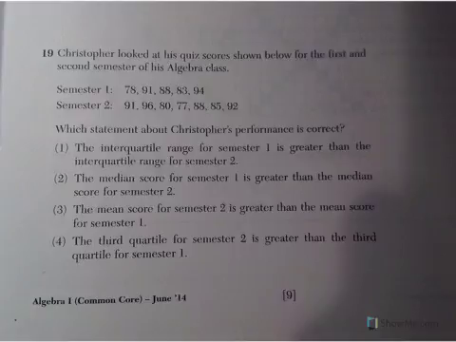So to find the mean, all you have to do is add up the numbers and divide by however many there are. So if I look here, if I take semester 1, okay, and I add all these numbers up, and then I'm going to divide by 1, 2, 3, 4, so I'm going to divide by 5, I'll end up with a mean score of 86.8.